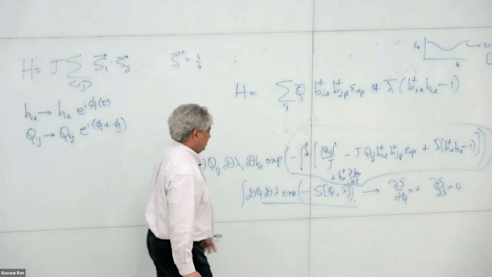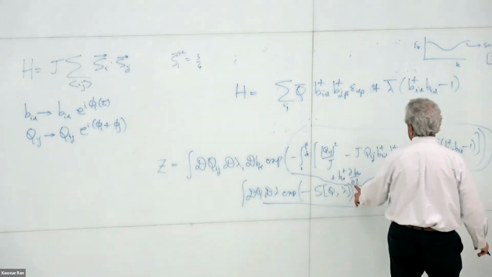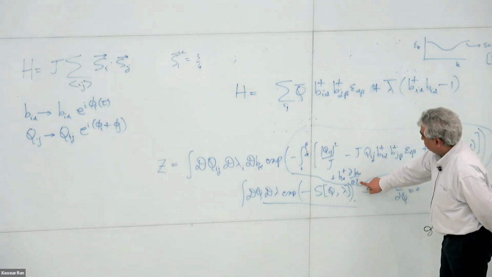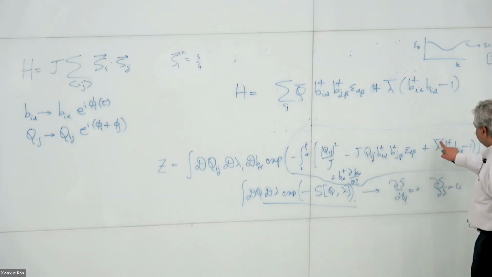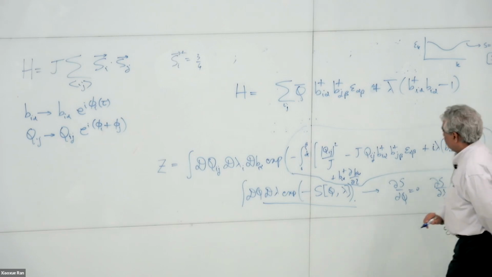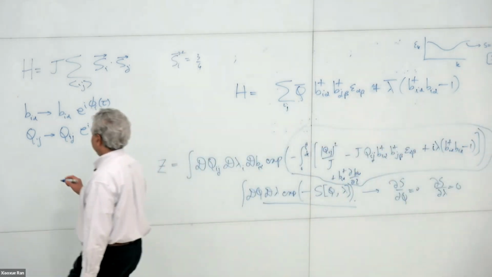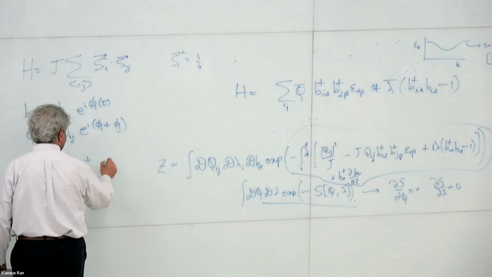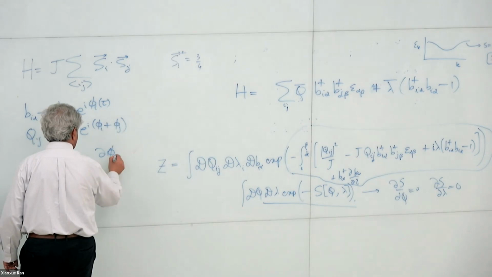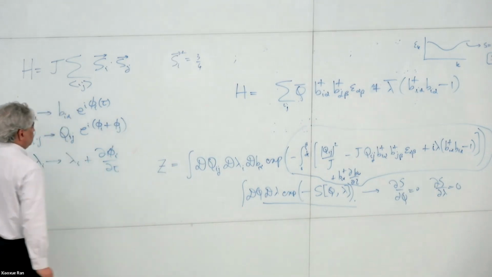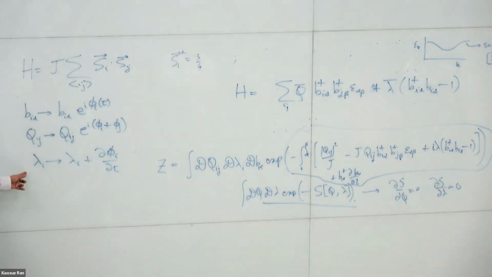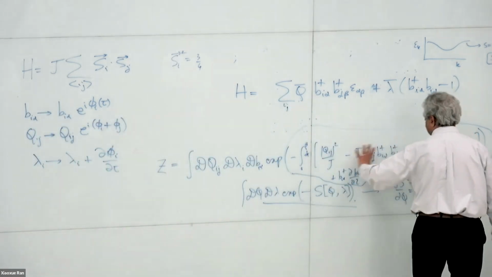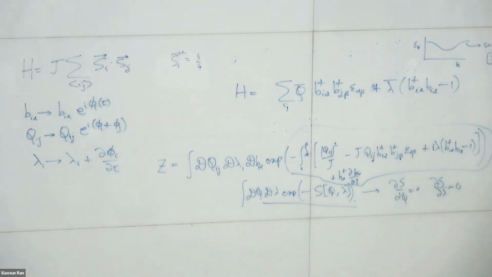And then finally, there's also this term that's going to include some phi dependence because of the time derivative. But you can compensate that by this Lagrange multiplier here. So lambda_i will go as lambda_i plus or minus, I don't know, d phi_i d tau. So if you make this transformation for any phi_i of tau, you can see that this action remains invariant, doesn't change.